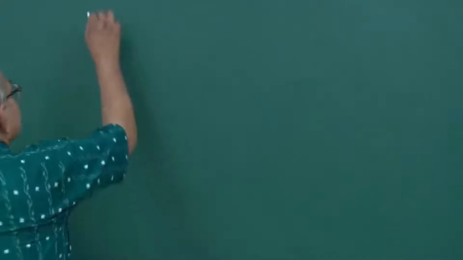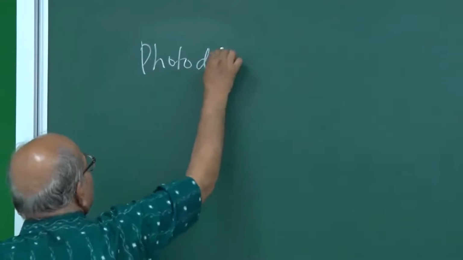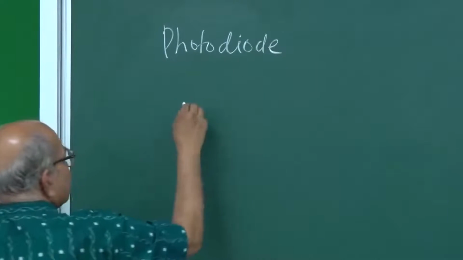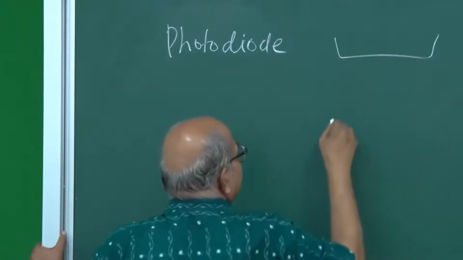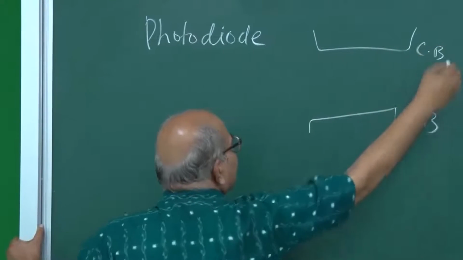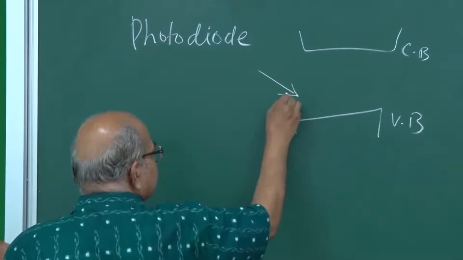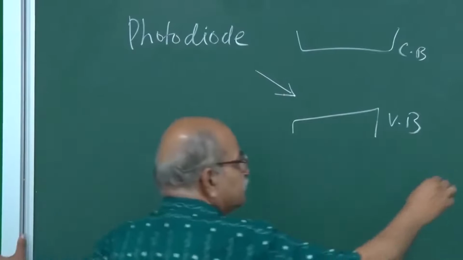So, essentially you have a photodiode which has a valence band and conduction band, and then you shine light on this junction area.